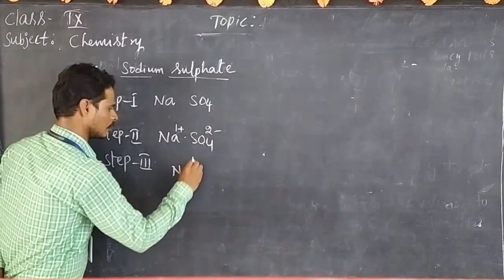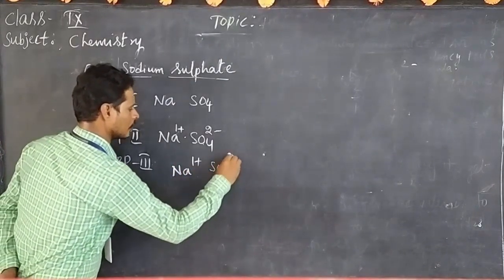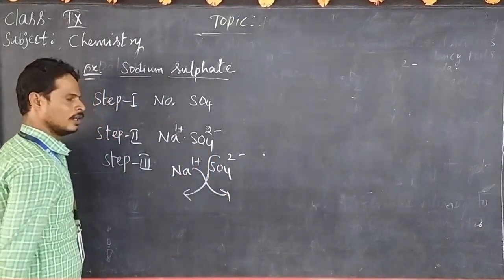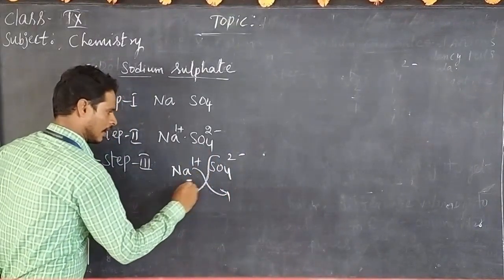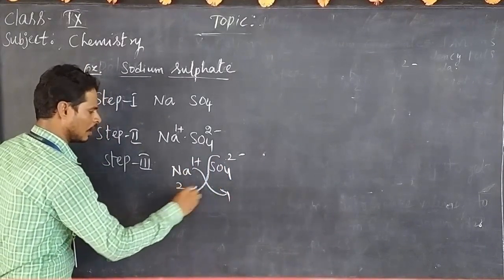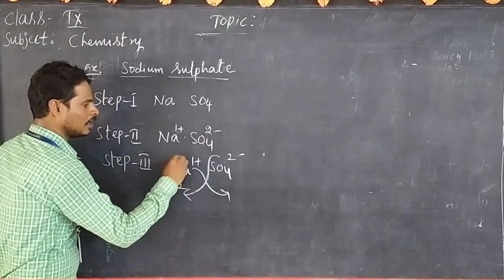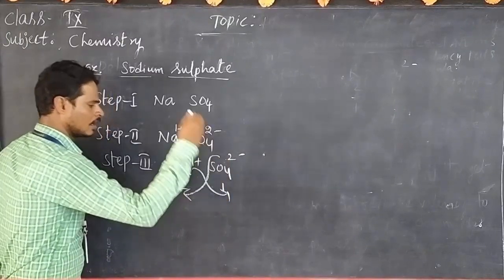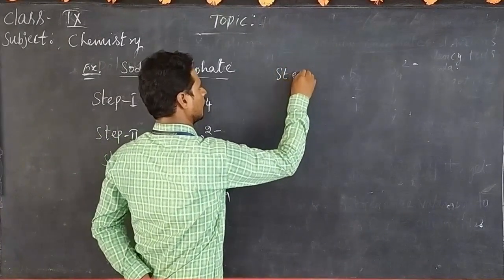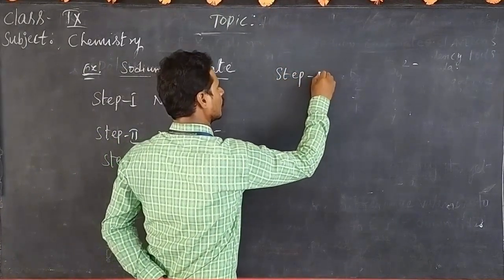Now, right to left, left to right. So we know that the anion number tells about the number of cations involved in the formula, and the cation number tells about the number of anions involved in the chemical formula. So step 5.